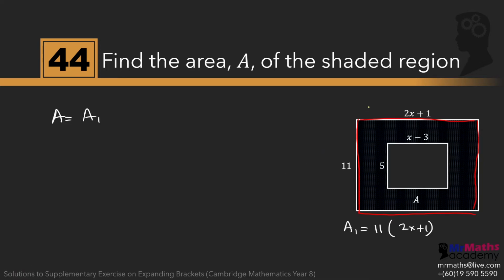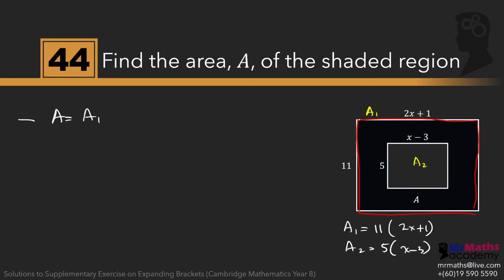And A2 is the one in the middle. So A2 is length times width, that is 5 times x minus 3.